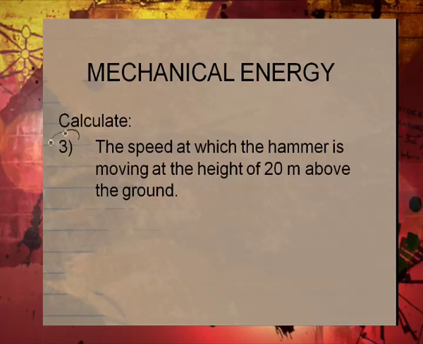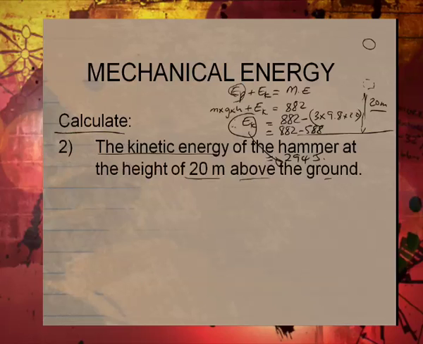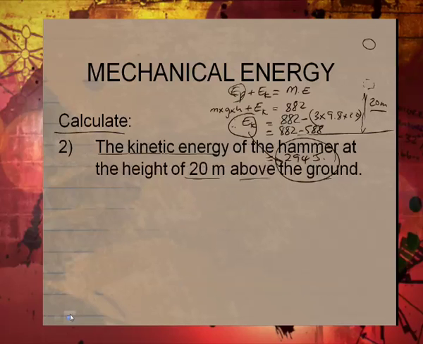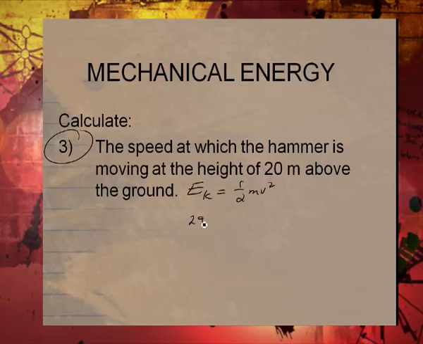Now, calculate the speed at which the hammer is moving at the height of 20 meters. Now that we have EK at that height, we can calculate the speed. How do we do that? From EK equals half mv squared, we can calculate V. EK is 294, so 294 equals half times 3 times V squared.